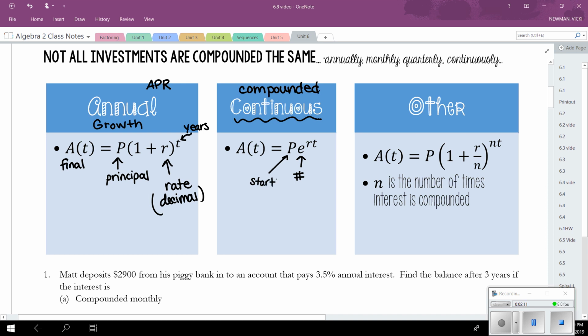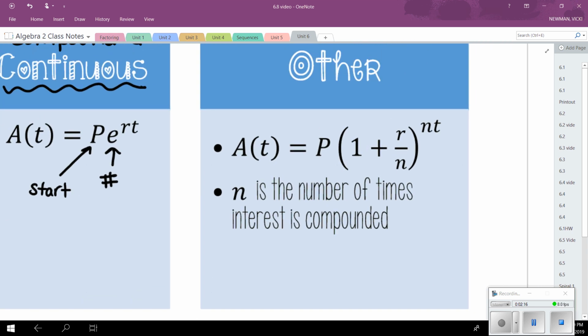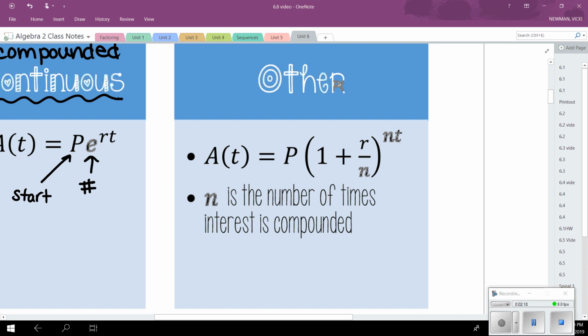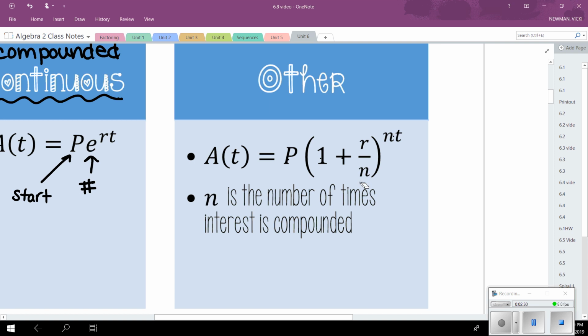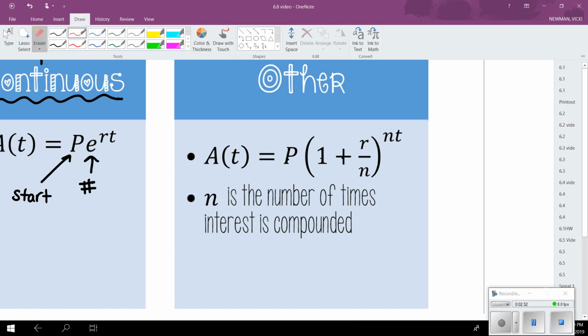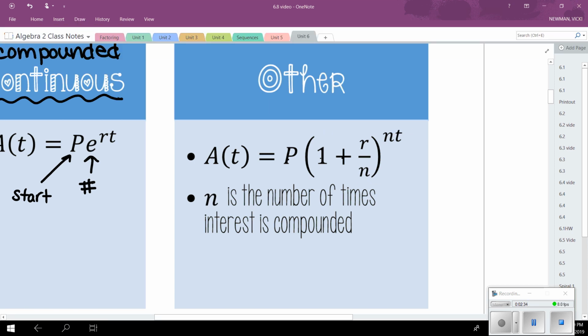Then the other types of compounding have this other formula here. If you were to get rid of the n's here and here, don't scribble them out, if those weren't there, it would be the basic growth formula: the initial times 1 plus the rate, to the time. The reason this one is here is because sometimes interest is compounded more times.